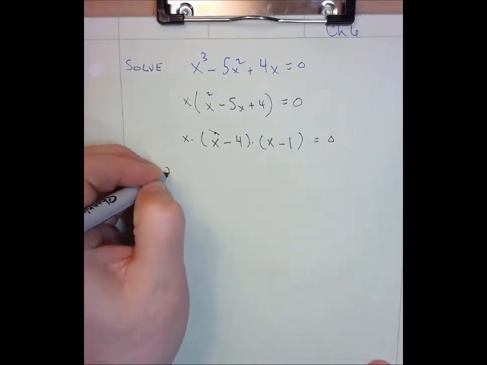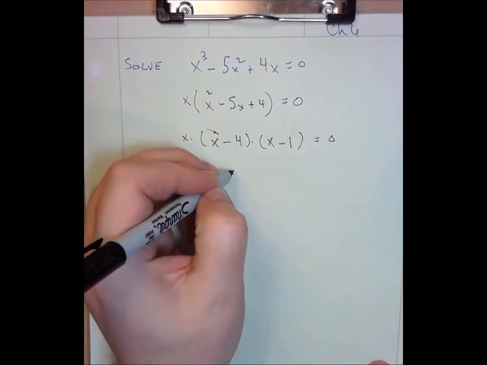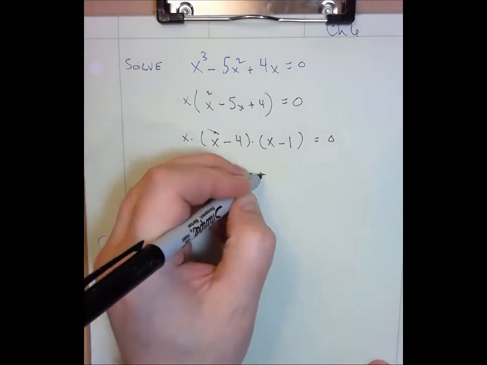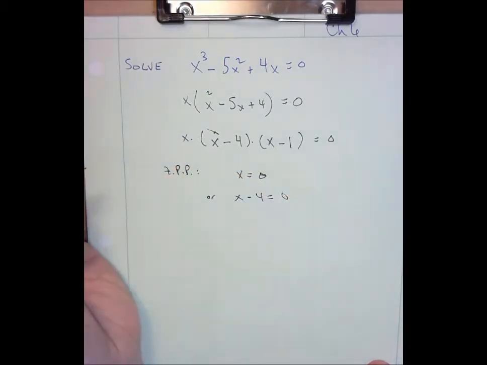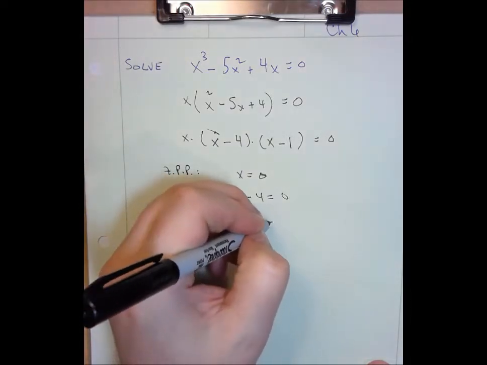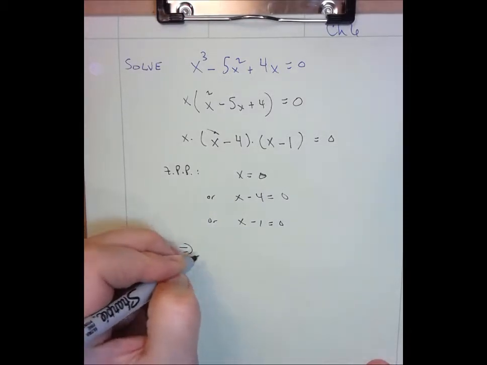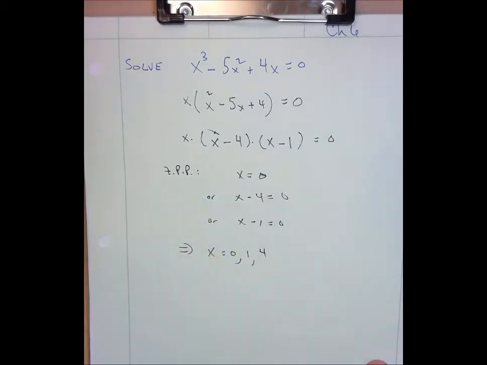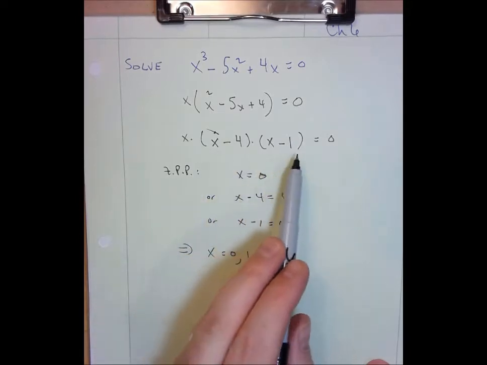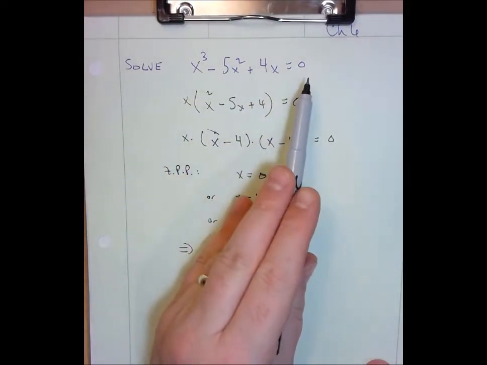So by the zero product property, either x is equal to 0 or x minus 4 is equal to 0 or x minus 1 is equal to 0. And so from that, we get a list, I'm going to put them in numerical order, 0, 1, and 4 as the values for x that when plugged into this, and so also when plugged into that, will produce the 0.